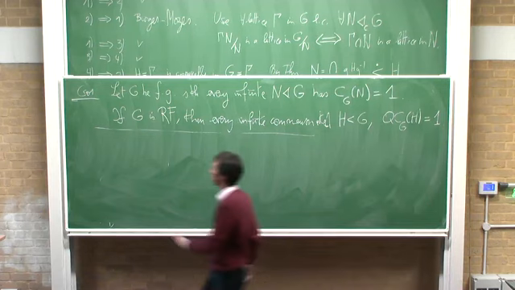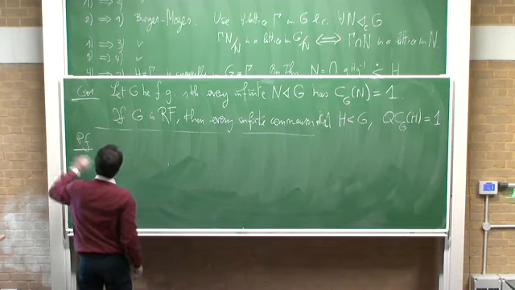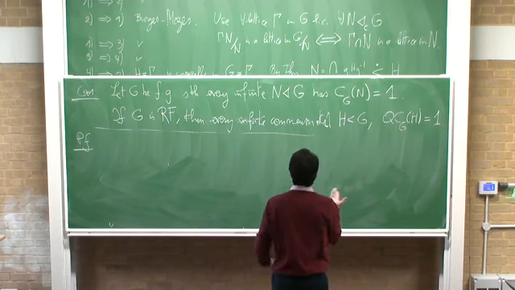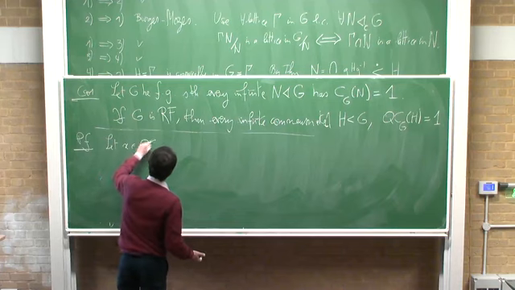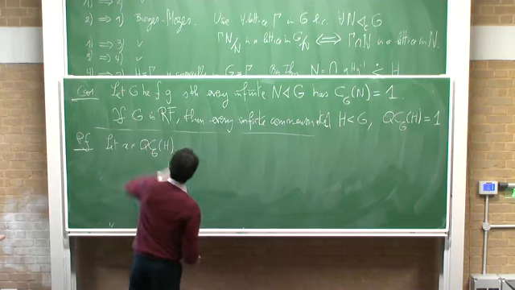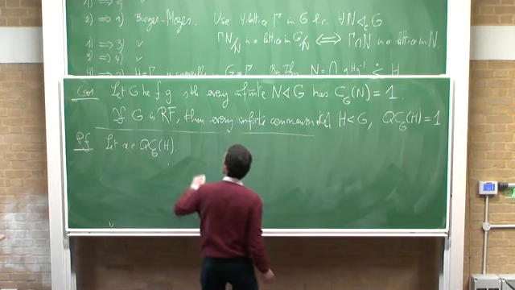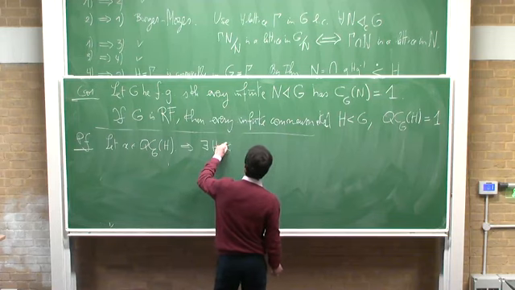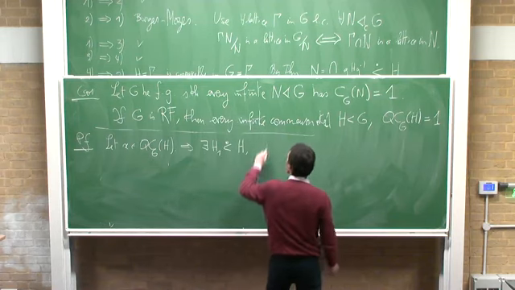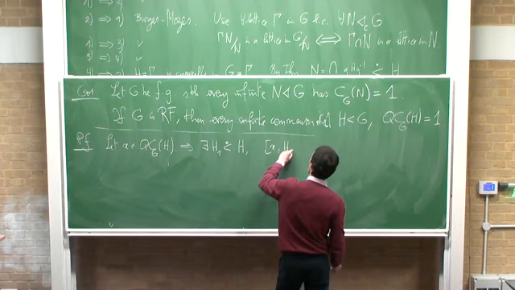And the proof is the following. Let x be an element of the quasi-centralizer. Then there is a finite index subgroup H which commutes with x.